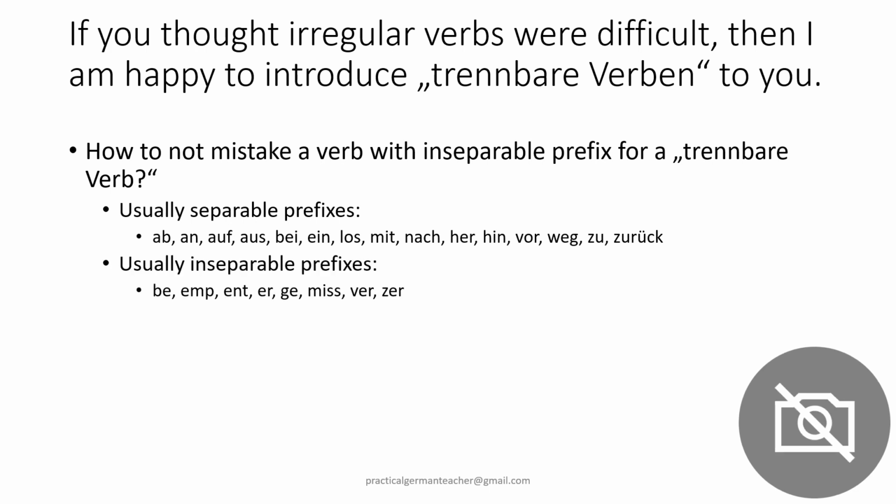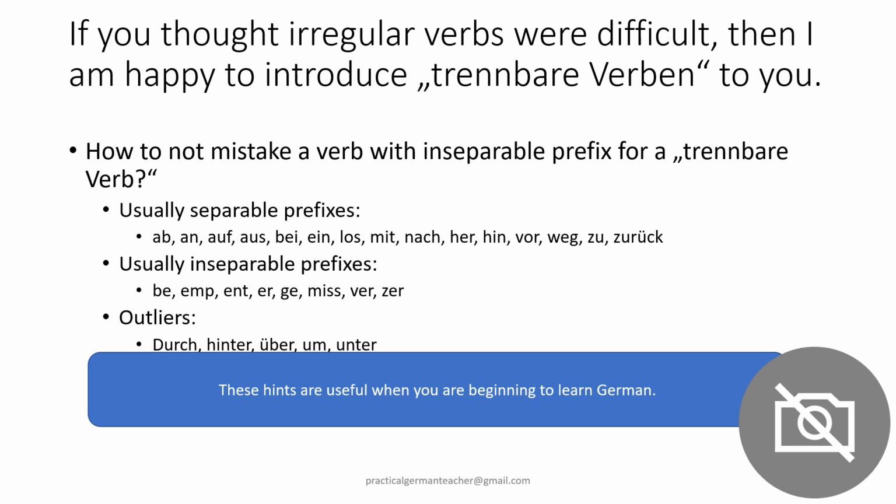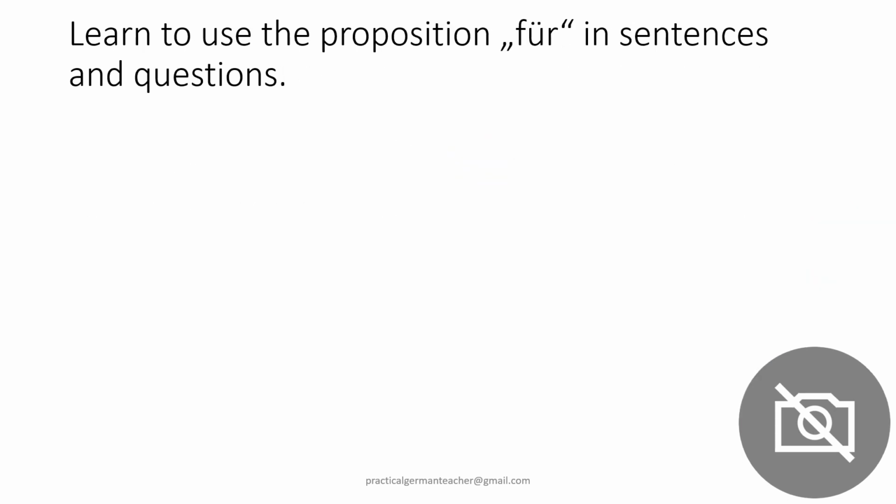Then this is the list of inseparable prefixes. Then to make the learning even more fun, you have these outliers which are sometimes separable and sometimes inseparable depending upon the verb with which they get associated. I will skip through it. Please pause if you want to read.